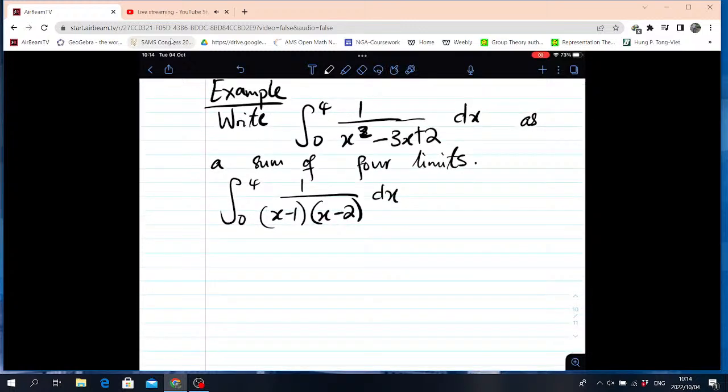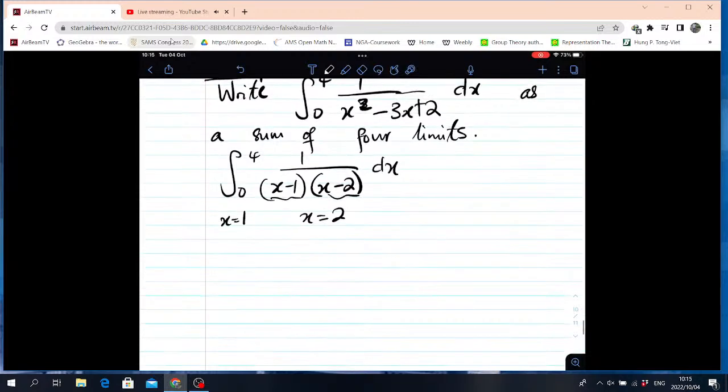And so you can see that you've got 2 points of discontinuity. x is equal to 1 and x is equal to 2 are going to be a problem here. So when we are making our limits, those are the points that we want to deal with.